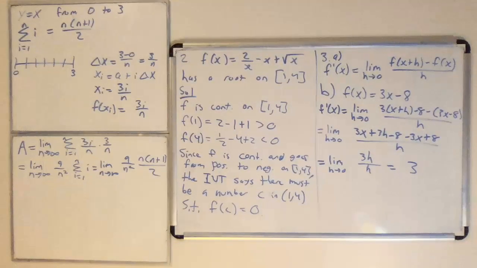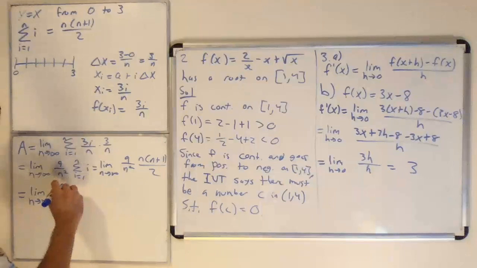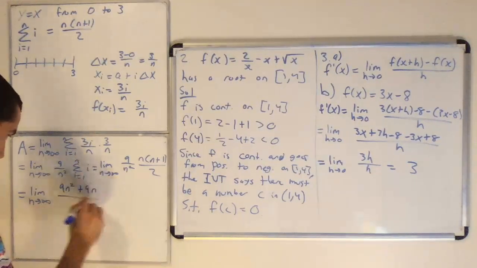Okay, so this is equal to the limit as n goes to infinity of 9 over n squared times n times n plus 1 over 2, which is equal to the limit as n goes to infinity of 9n squared plus 9n over 2n squared.